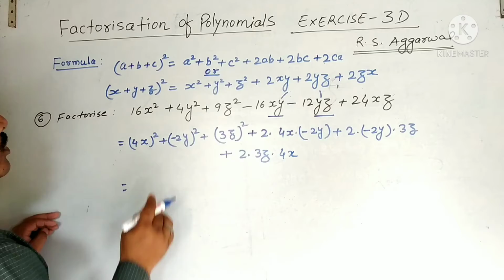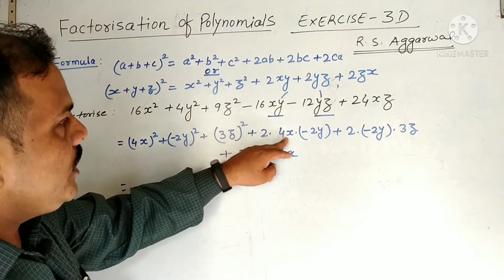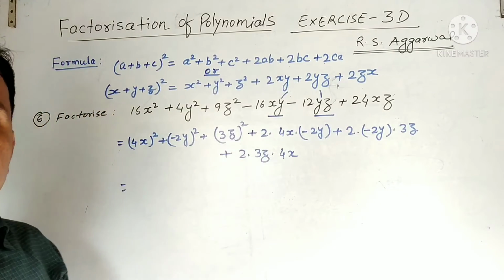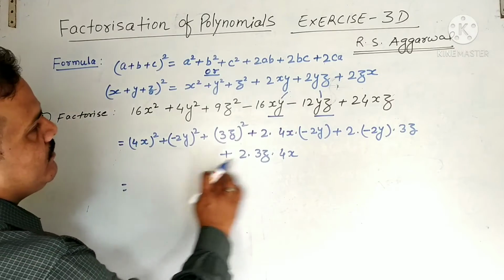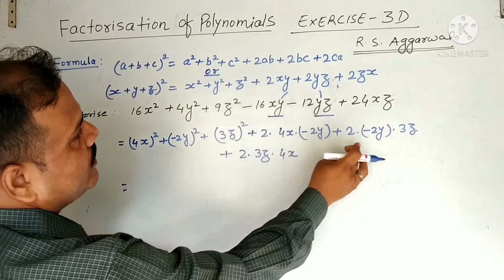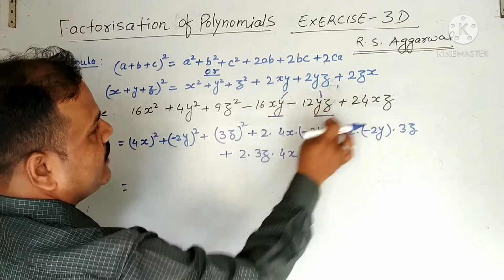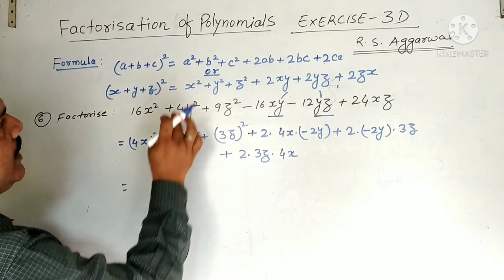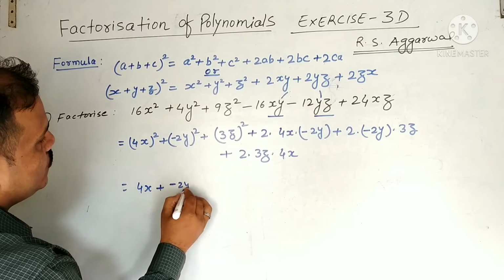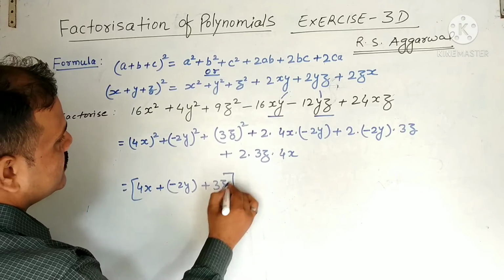Now this is based on the formula a square plus b square plus c square plus 2ab plus 2bc plus 2ca. Now see if that is based, just check it. 4 2s are 8, 2 8s are 16 xy, 2 2s are 4, 4 3s are 12 yz, negative plus negative, here is this one. So this is based on that formula. So now we will write (4x plus minus 2y plus 3z) bracket.